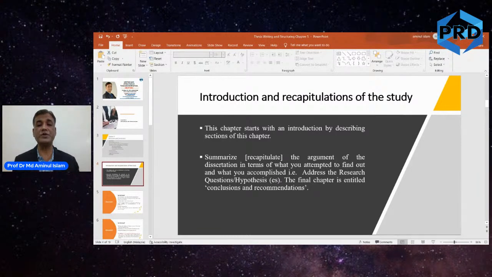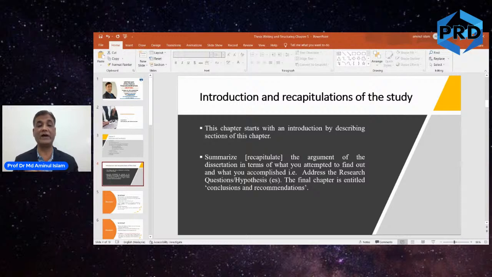And when it comes to recapitulation of this study, as I say, this chapter is the main chapter that actually entitles you to get a PhD. Everything is yours. Chapter 5, everything comes from you, okay? So here you will summarize the argument of the dissertation in terms of what you attempted to find out and what you accomplished.